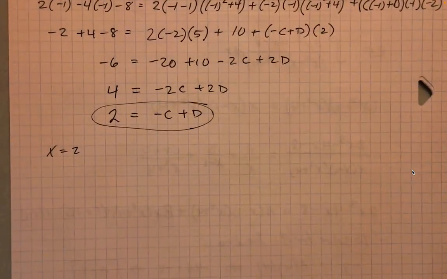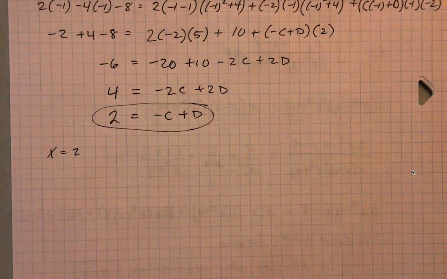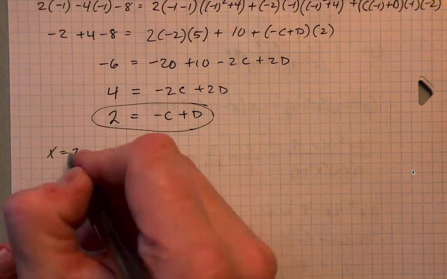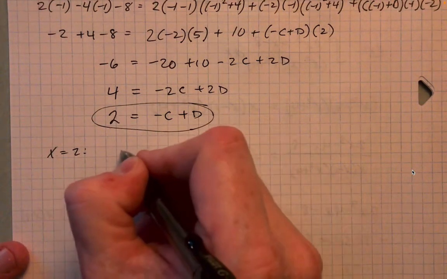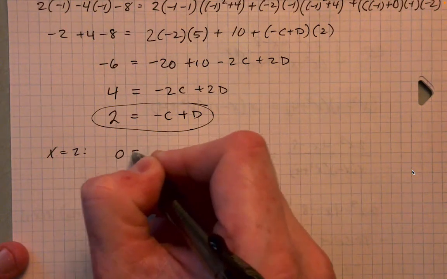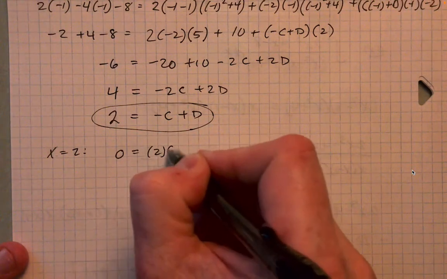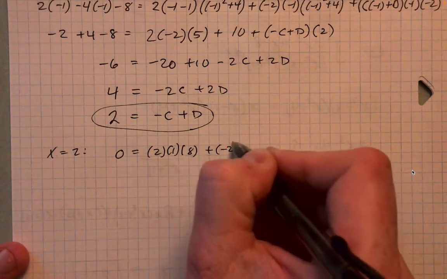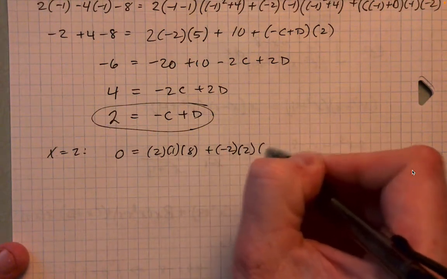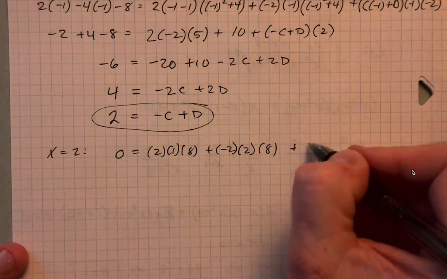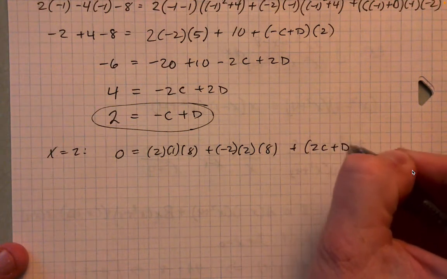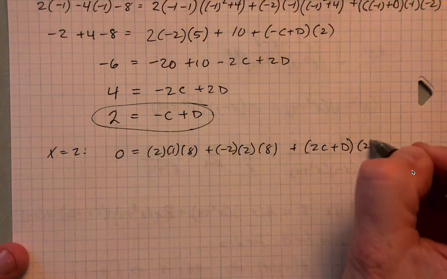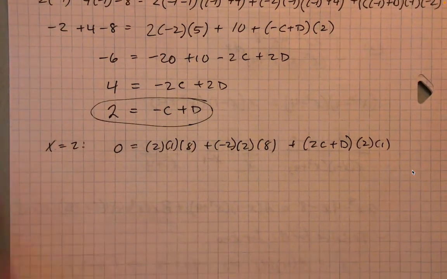So when we do that, I'm just going to kind of tear through this one because I worked it out ahead of time. Otherwise it gets profoundly tedious. Basically what you end up with is 0 equals 2 times 1 times 8 plus negative 2 times 2 times 8 plus, and then 2c plus d times 2 times 1. This is all with x equals 2.